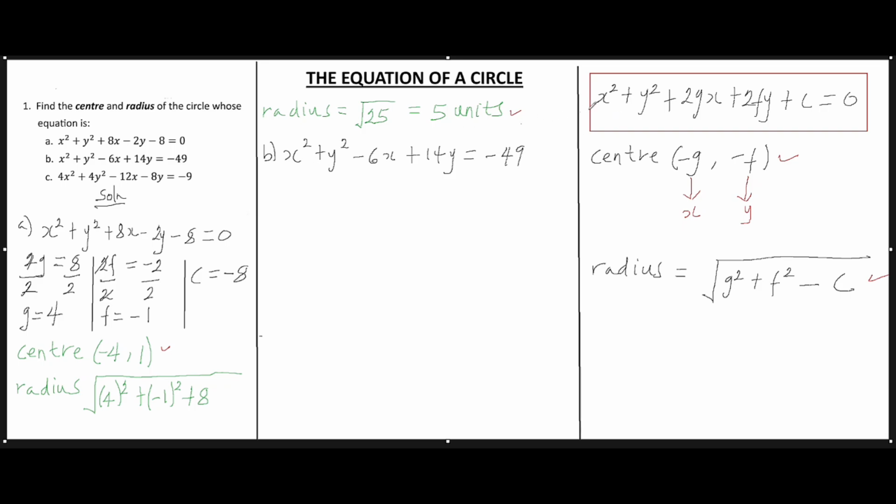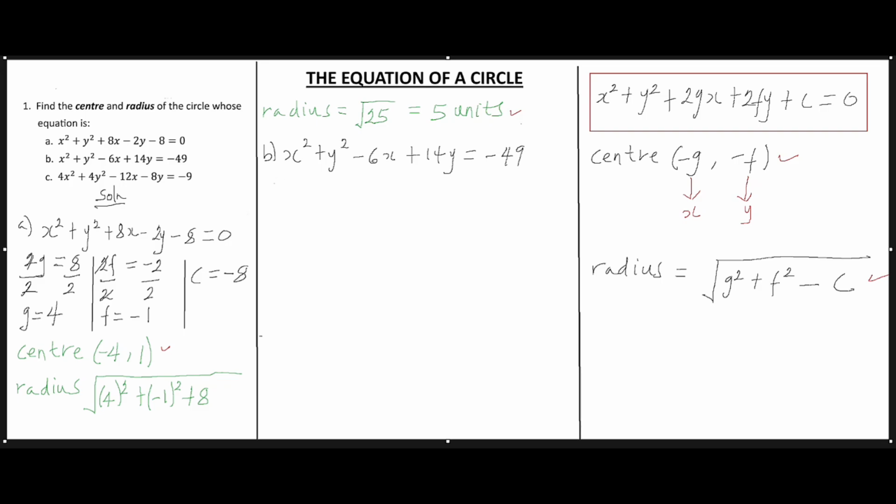We see that we have our x squared term, we have our y squared term, we have the x term, we have our y term. What is missing here is a constant term. I could see that the constant term has been moved to the right hand side. So we need to rearrange this to have the constant term and then equate everything to 0 as we have in the general equation of a circle.